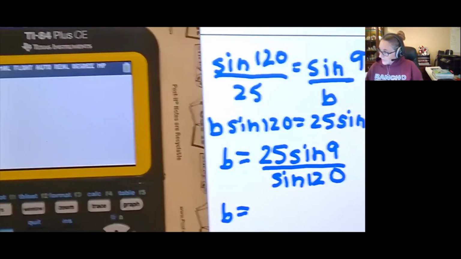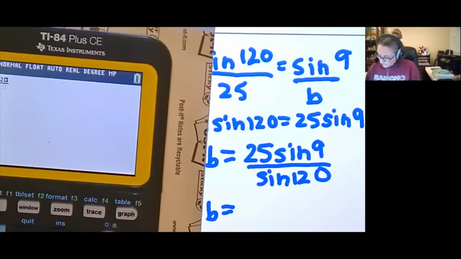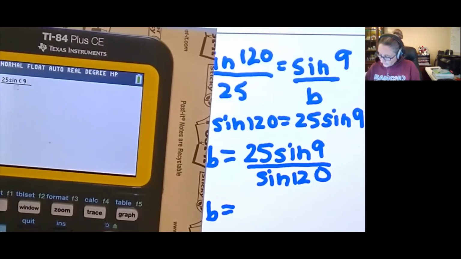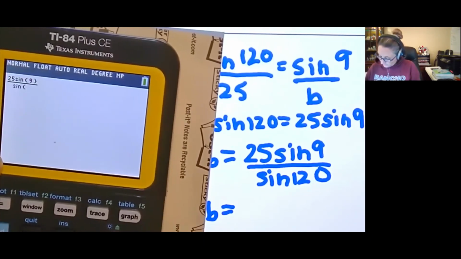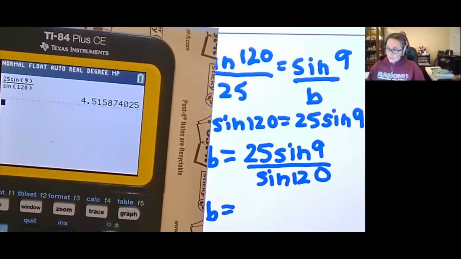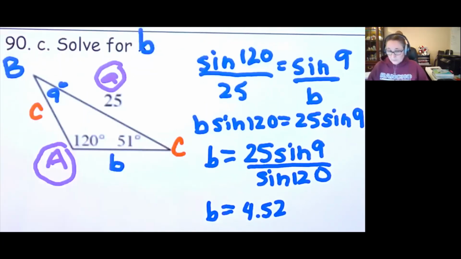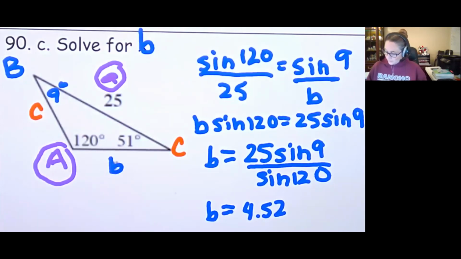So I end up getting 25 sine 9 over sine 120, and I get 4.52. So 4.52, and that's your answer for b, which is our x. That was our x. Okay. Next one.